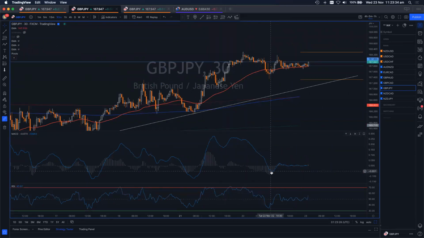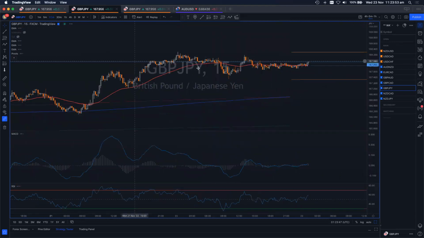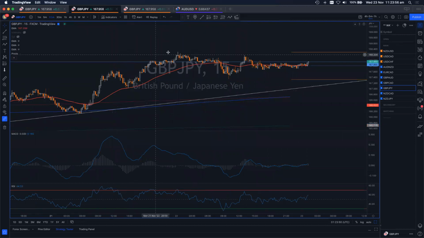That's been recharged here, but the 30-minute is showing that it's lower. We've got some recharging here below the 0 on the MACD, but it's been going flat since. So that's looking like a divergence, and the 15-minute probably hints at the same sort of thing. Yeah, massive 15-minute MACD divergence there. And although it's recharged, it's gone nowhere. So it's looking pretty bearish.